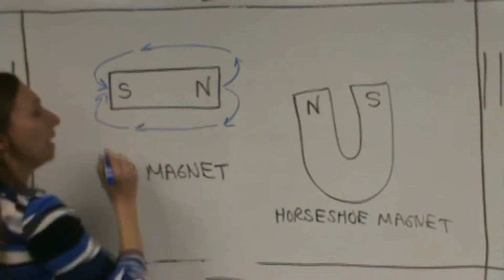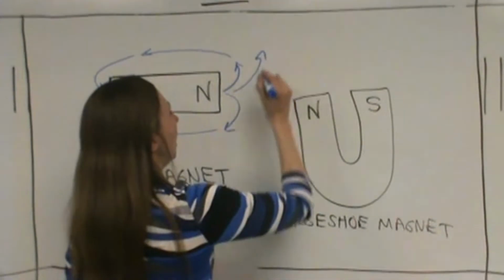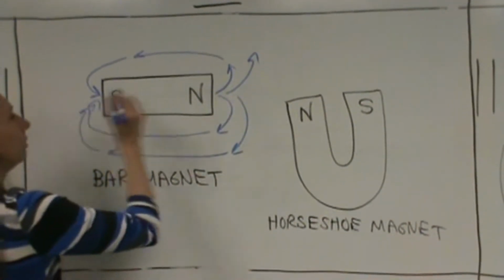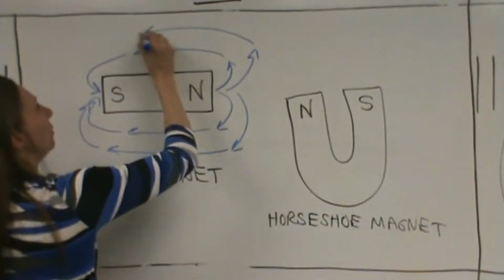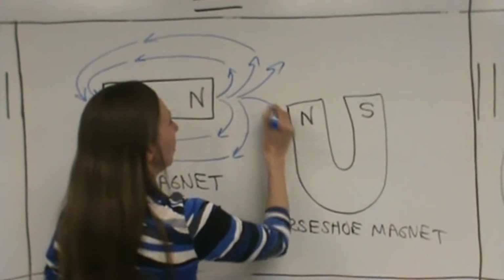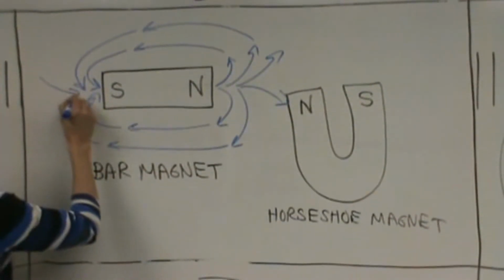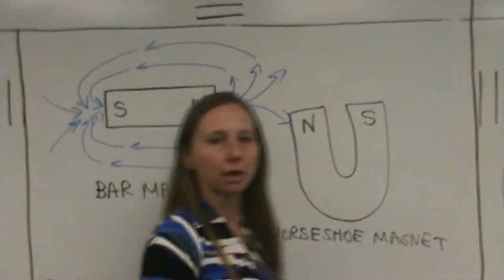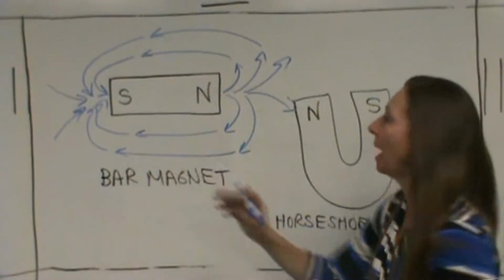We're drawing magnetic field lines away from north towards south. So there are your magnetic field lines for a bar magnet.